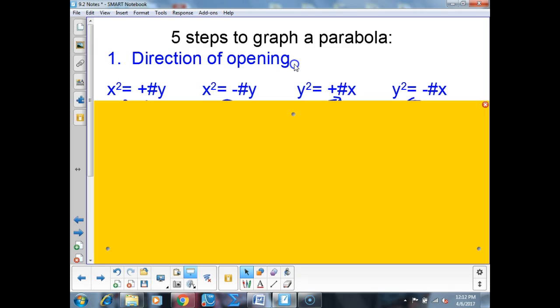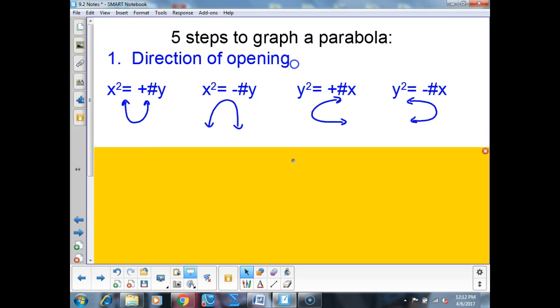So, x squared with a positive y: direction of opening, up. Right? Because up is the positive direction. X squared with a negative y: down. Y squared with a positive x: to the right. And y squared with a negative x is to the left.